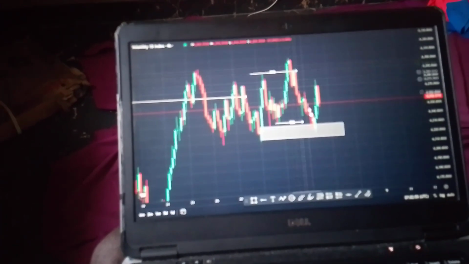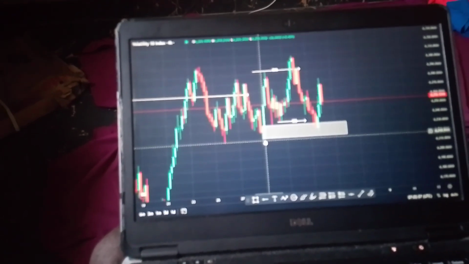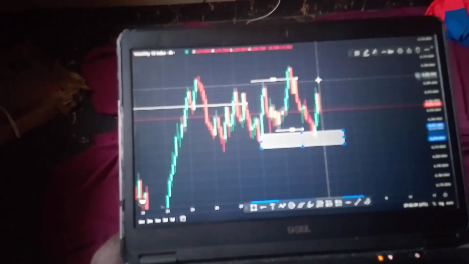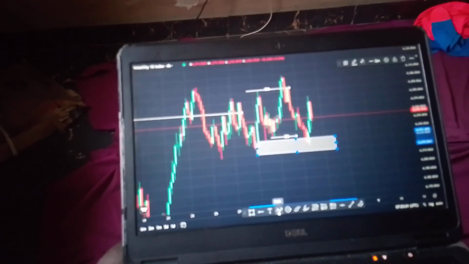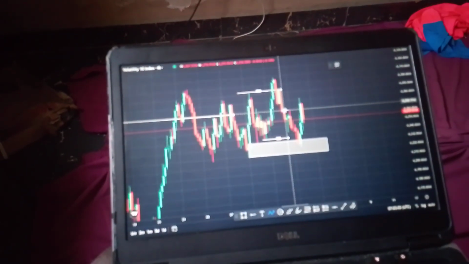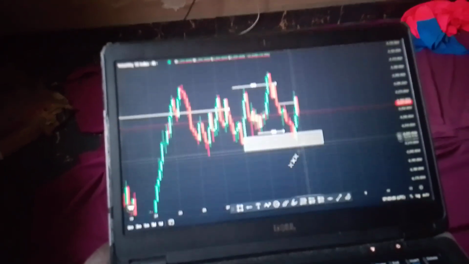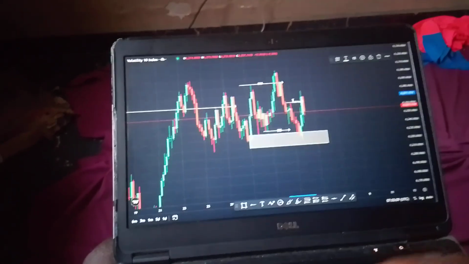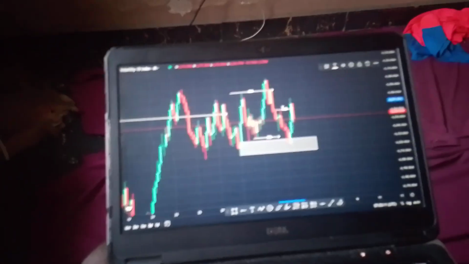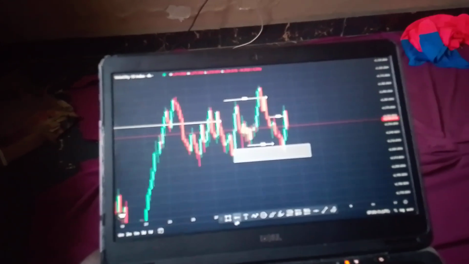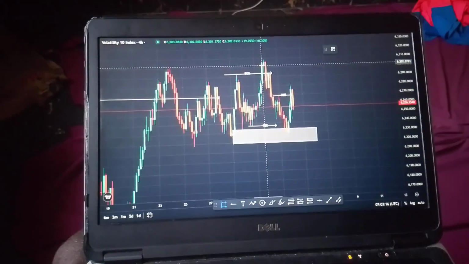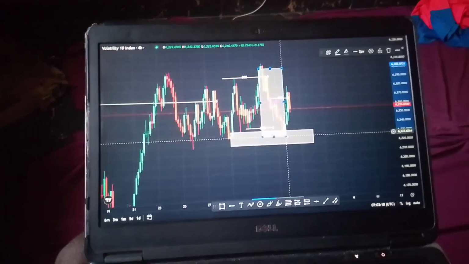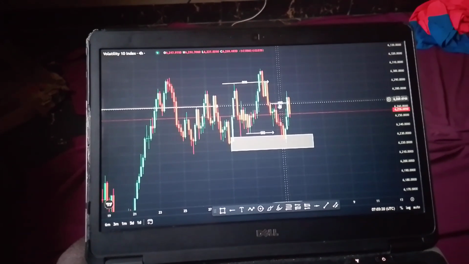You can see after this break, price came back to this demand, lovely demand, tapped it and then boom. And you can see again on this 4-hour, this is a break of structure. It's a shift to the upside. Why is it a shift? Because this is a bearish trend, so price took out this side, a shift.